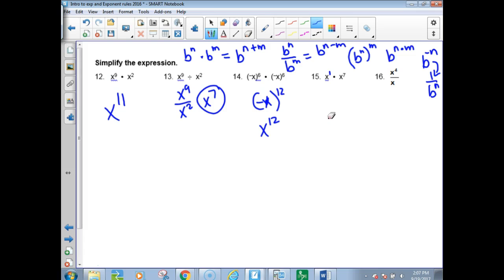Okay, a 1. The phantom ones I talked to you about. x to the 8th. And on 16, you've got x to the 1st in the bottom, so you're going to subtract 1. x to the 4 minus 1 is what you're doing, and it's x to the 3rd. Was that enough writing? You think just a good review.